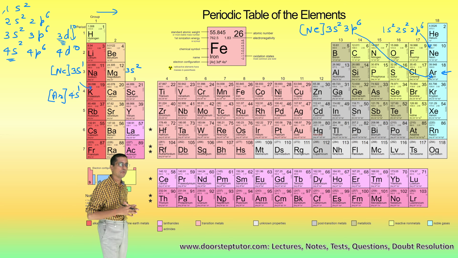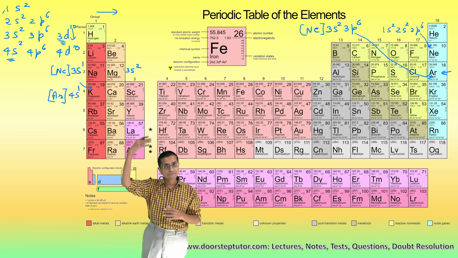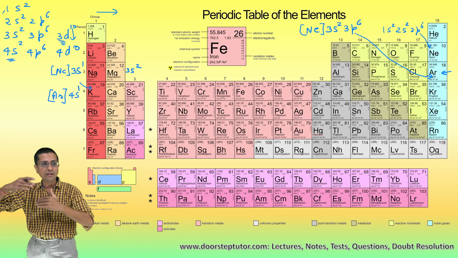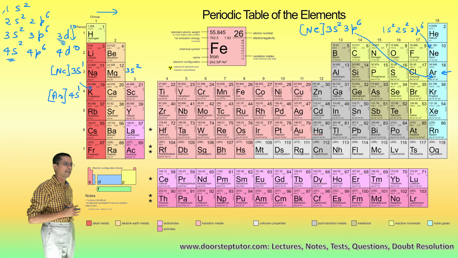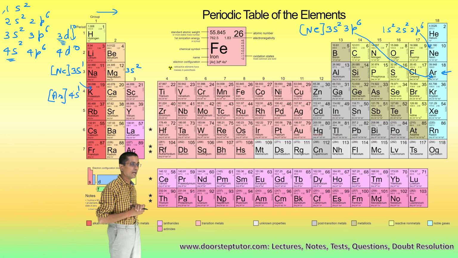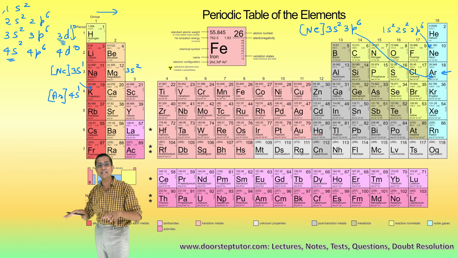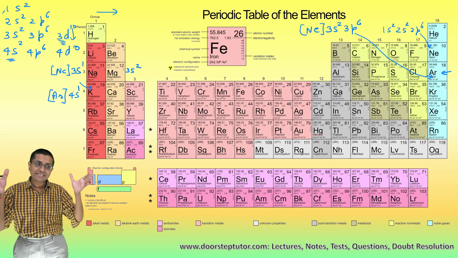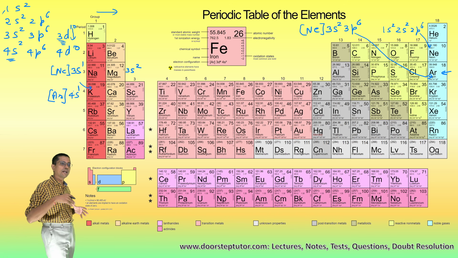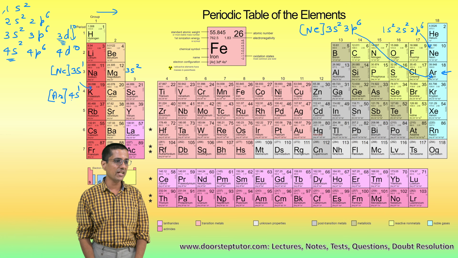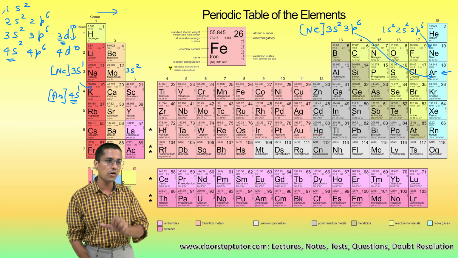Although the principal quantum number is 4, it is further out, more outside the atom. Even though 4s is further outside and the principal quantum number is higher, it is still lower in energy because it is less shielded when compared to the 3d orbitals. Okay, so because of that, the next electrons come in the 4s orbital.